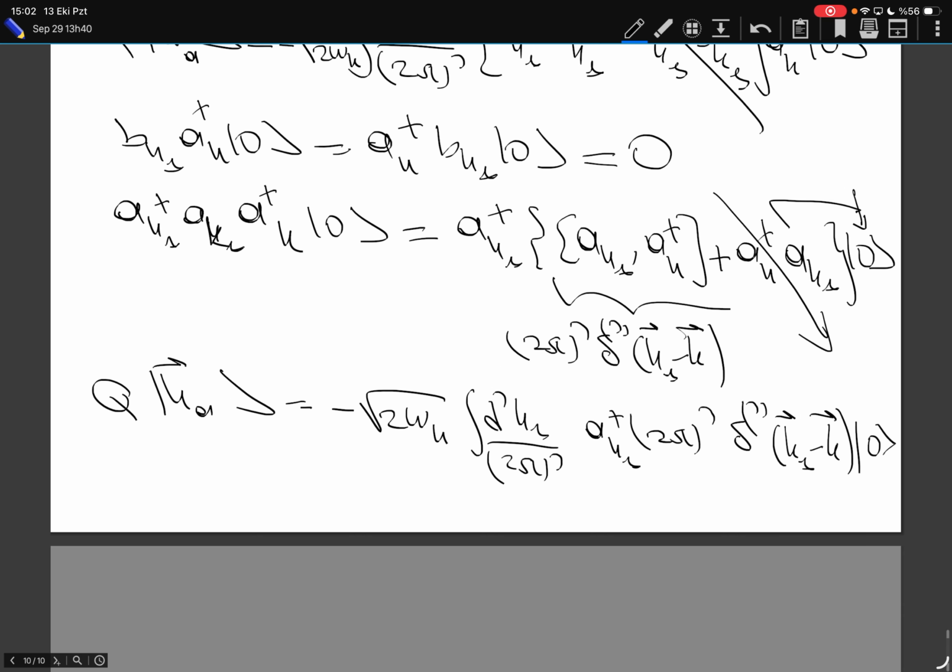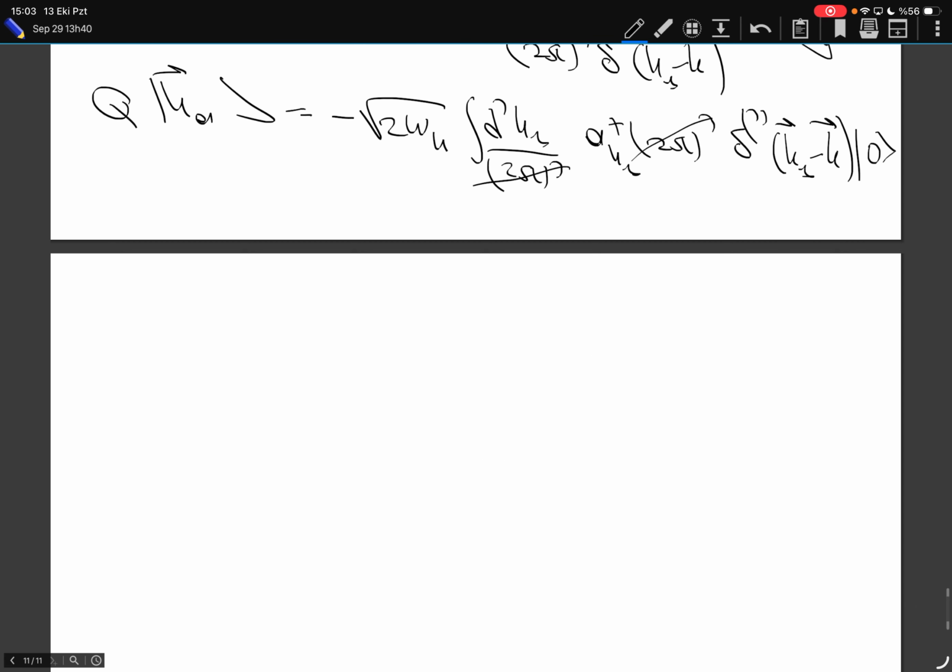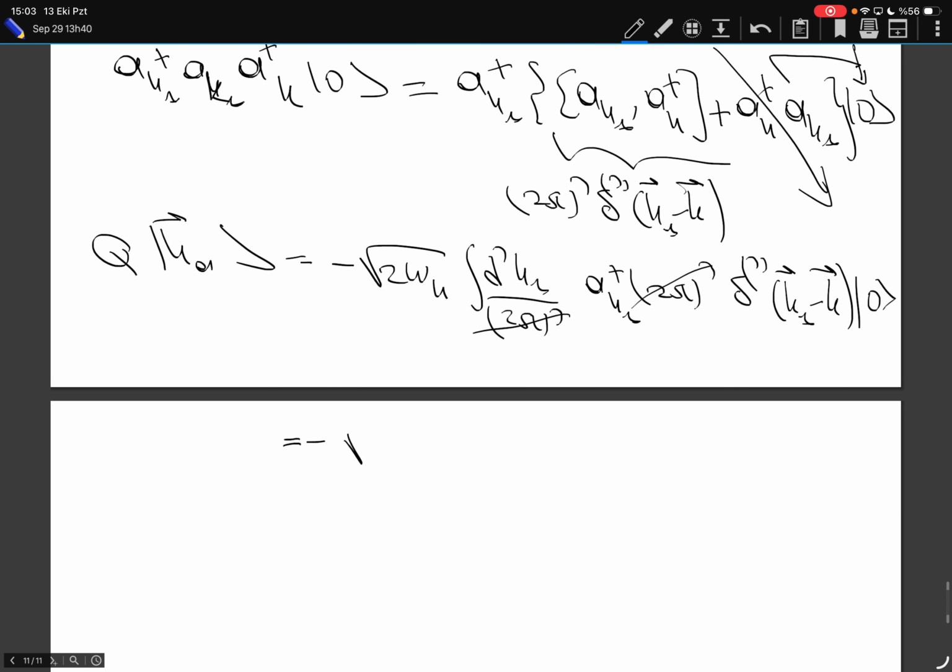Well, now I can evaluate the K1 integral. That Dirac delta basically tells me that I should replace K1 with K everywhere. But this is nothing but my state with a minus sign, minus Ka.